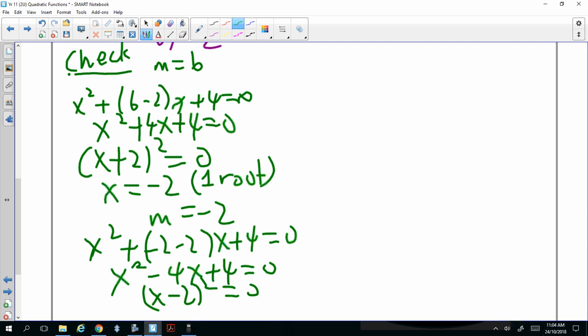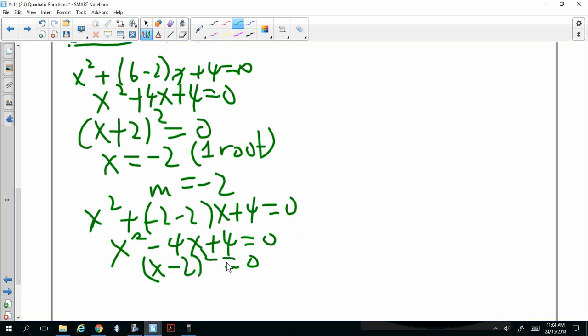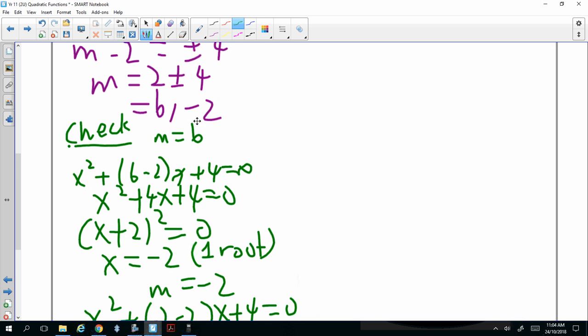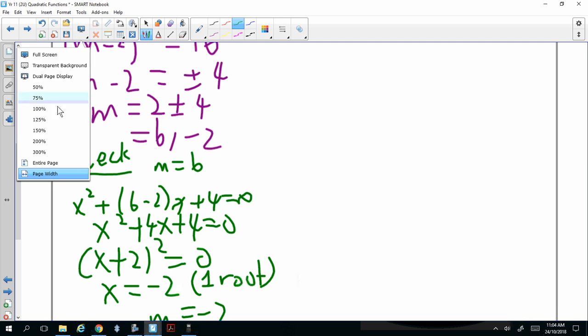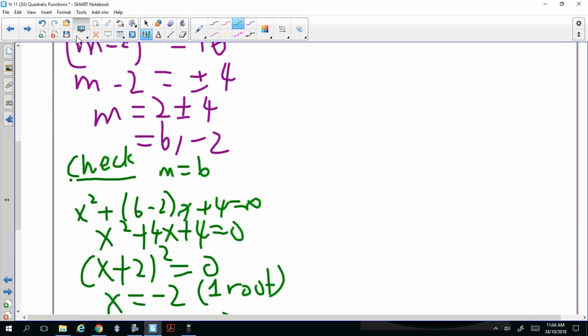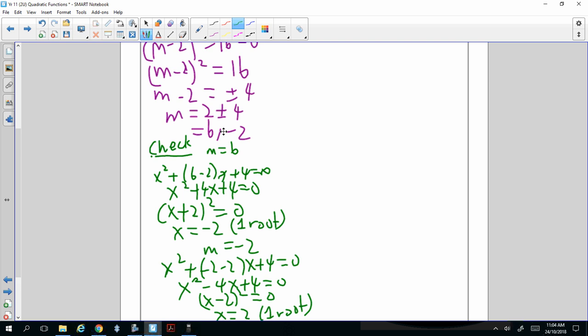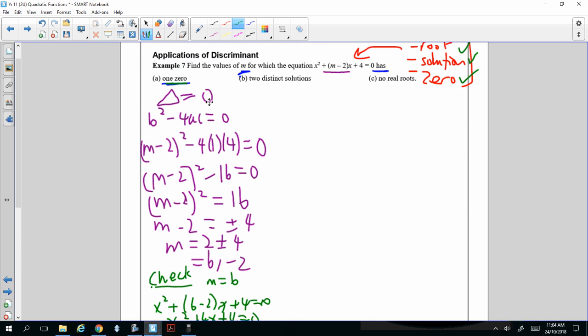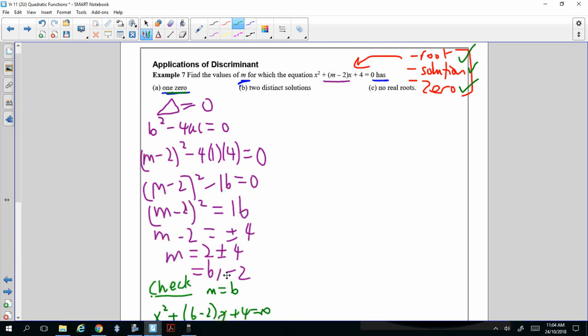Say again? Well, when m is 6, it's important not to get confused with what m is and what the solution is. m is 6 will cause this equation to have 1 root. m is not a root. m is the value you have to find so that this equation has one root. Does that make sense?